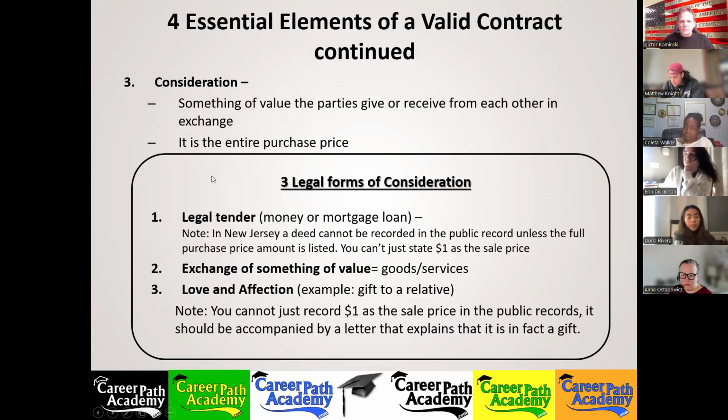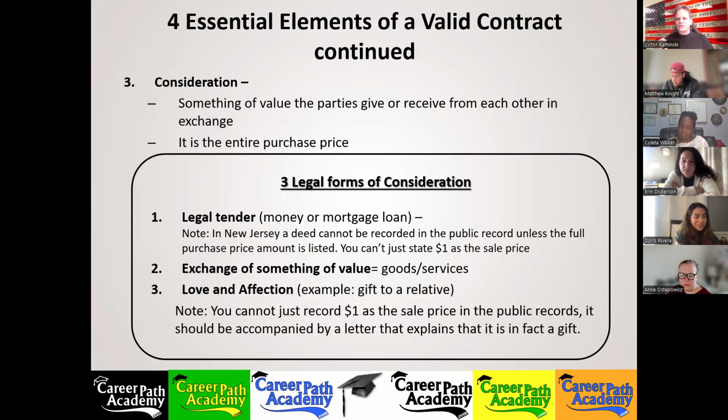All right, so there are three legal forms of consideration. And what are they? Well, legal tender. Legal tender is money or a mortgage loan. So in New Jersey, also, here's a little note for you. A deed cannot be recorded in a public record unless it states the full purchase price. Now, sometimes in the public records, in the tax records, you could see $1 listed.